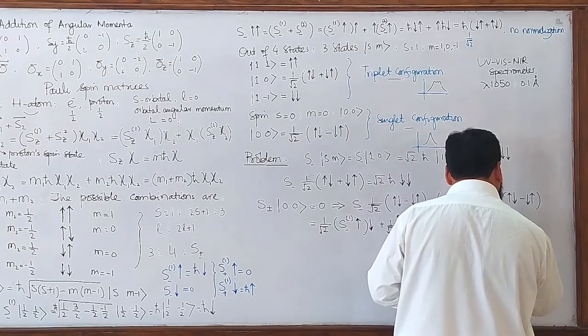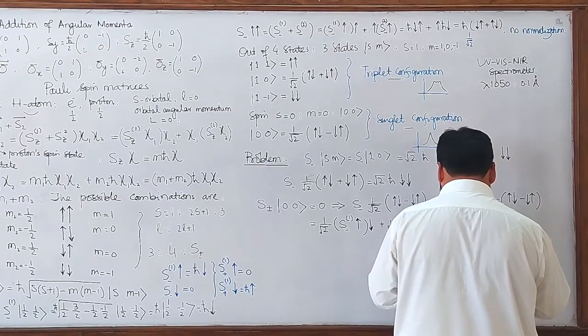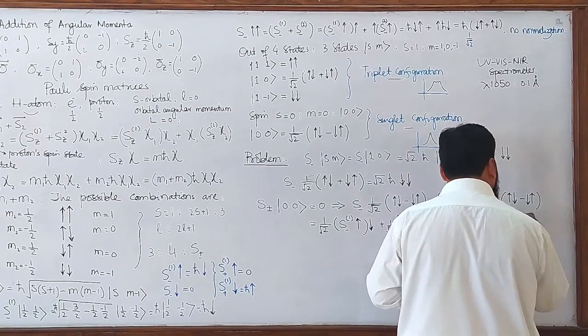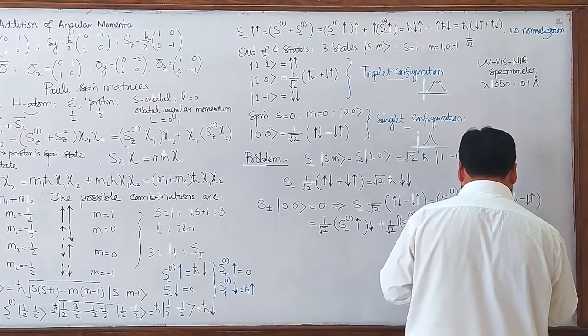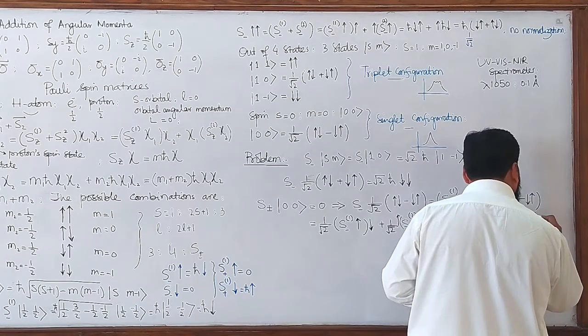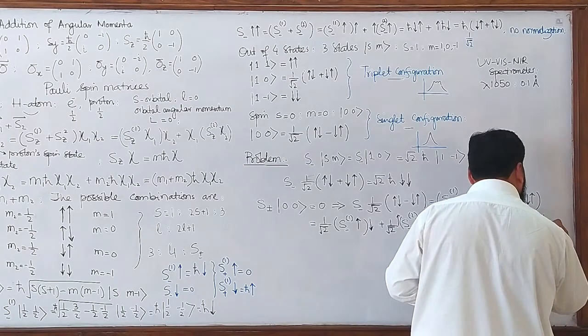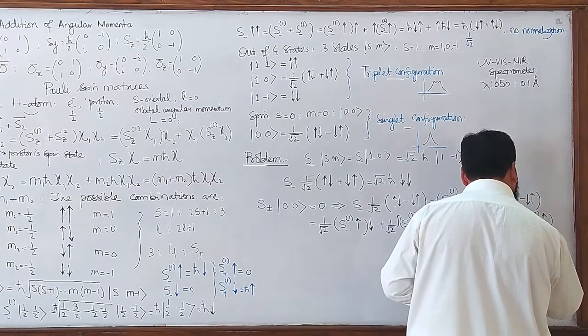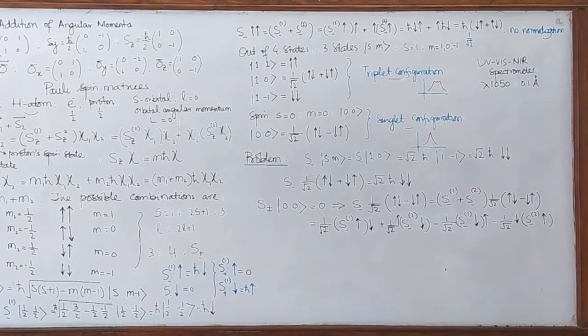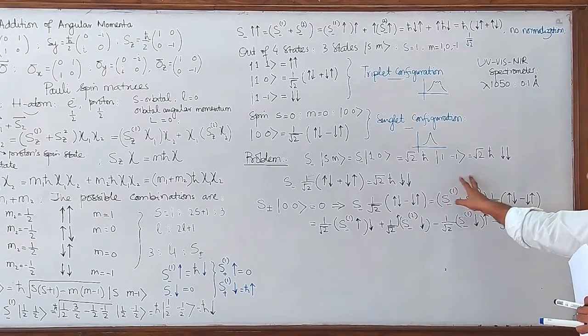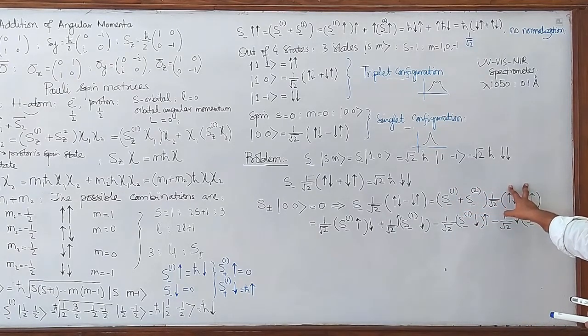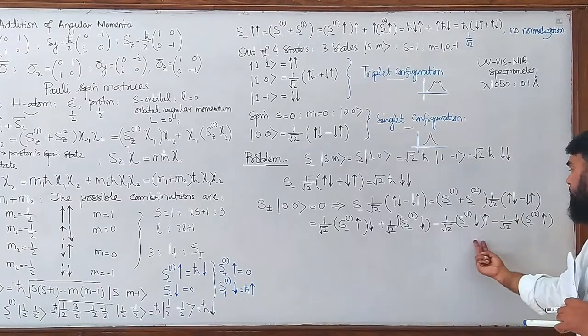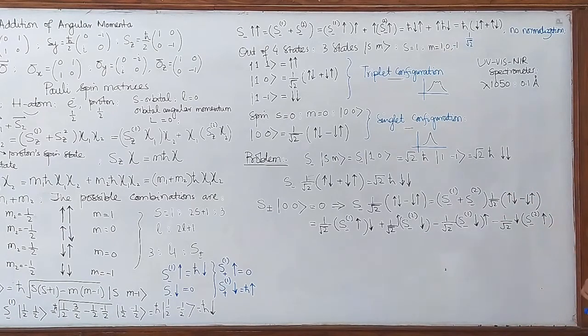Minus 1 over 2 and the down will remain as it is and S minus 2 will operate on the up state. Clear? Yes. 2 terms here, 2 here. So it will make these 4 terms, 2 into 2.